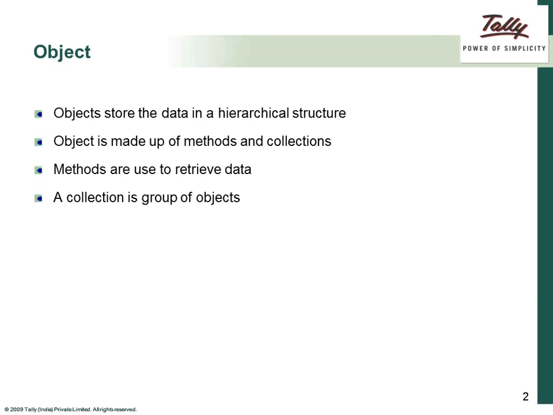A sub-collection is a group of sub-objects, like each line of an address is one object. If you have 5 lines, that means the collection of addresses has 5 objects. Clear?